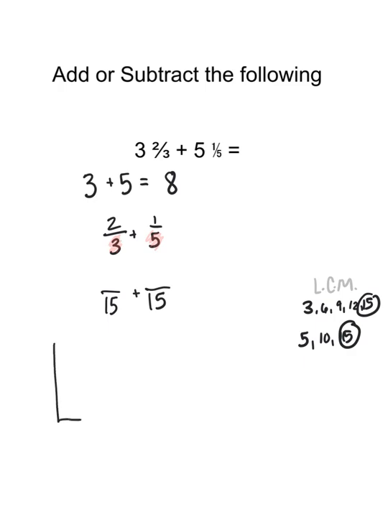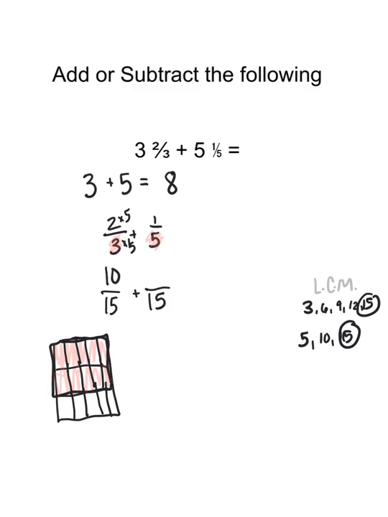Okay, now to convert 2/3 to some number out of 15, this is what we're going to do. We're going to take our 2/3 and we're going to multiply each of these thirds by 5. So now I have multiplied each piece by 5, and you can see that I have here 10 pieces out of a total of 15 shaded.